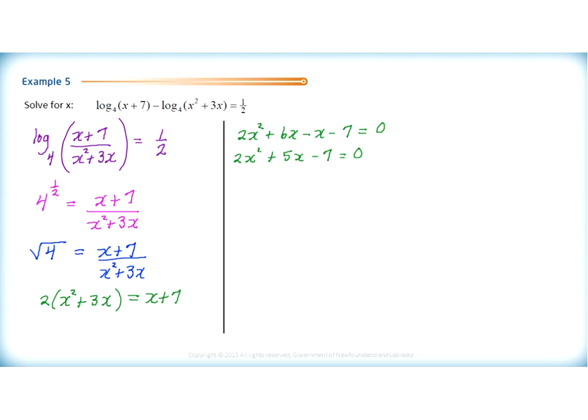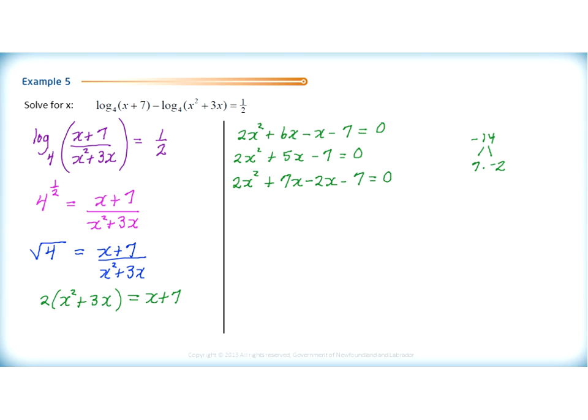In this case, we can say 2 multiplied by a negative 7 is a negative 14. And the factors of a negative 14 that have a sum of a positive 5 would be 7 multiplied by a negative 2. So now we can use decomposition. We could say 2x squared plus 7x minus 2x minus 7 is equal to 0.